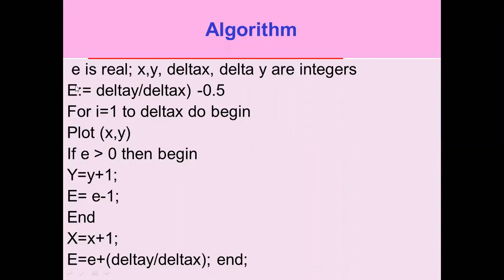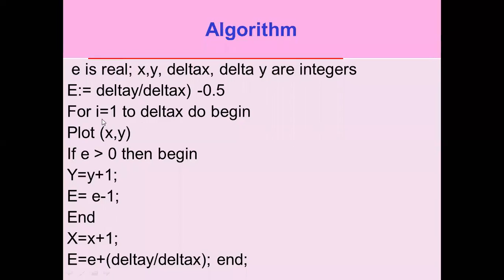Small e is equal to delta y over delta x minus 0.5. This is the initial value of E, called the error term. First we calculate the value of E.